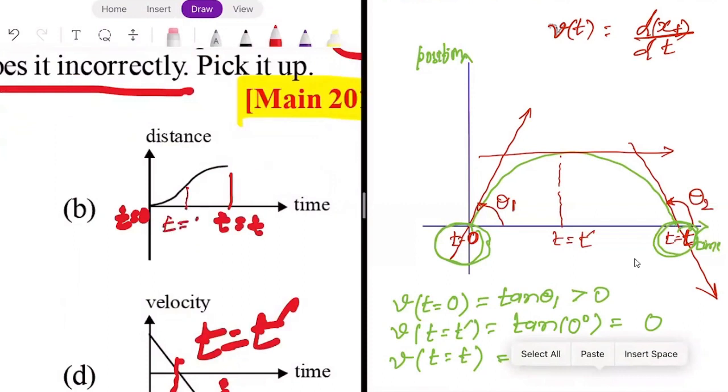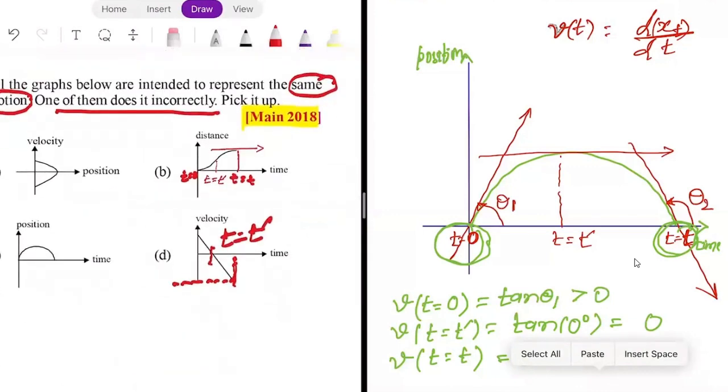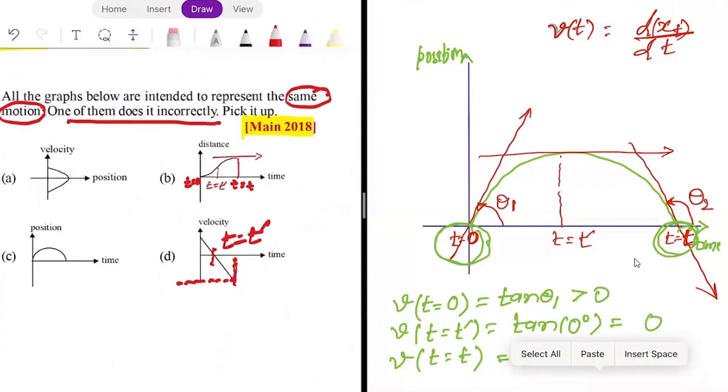You are not getting any t prime such that your tangent is becoming parallel. Rather, you are getting your tangent parallel to the time axis at t is equal to T, which is not the case you are getting from these two graphs. The instantaneous velocity is becoming zero somewhere between 0 and T, that we have inferred from graphs C and D, not at t is equal to T. This clearly gives you the right answer as B.